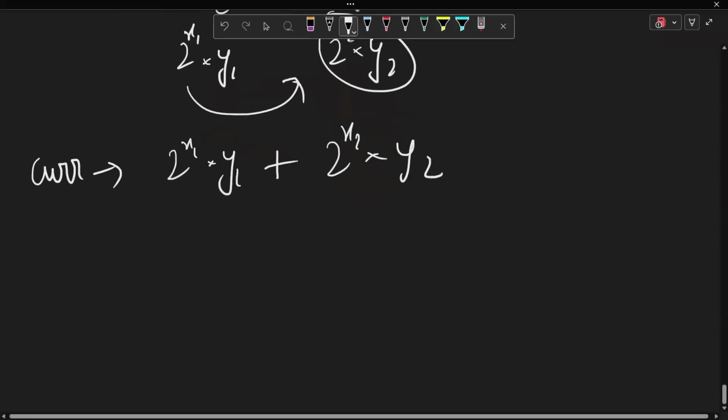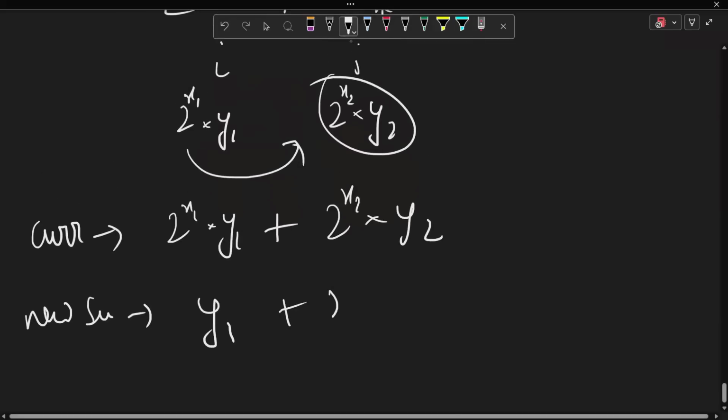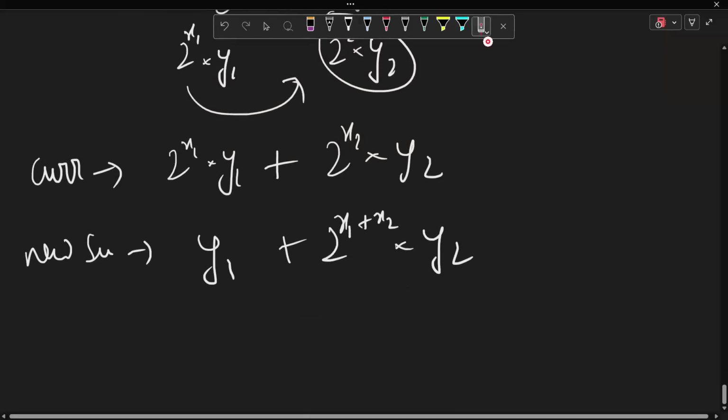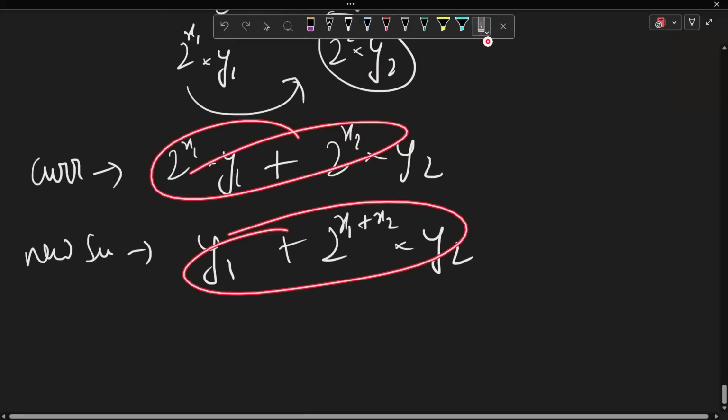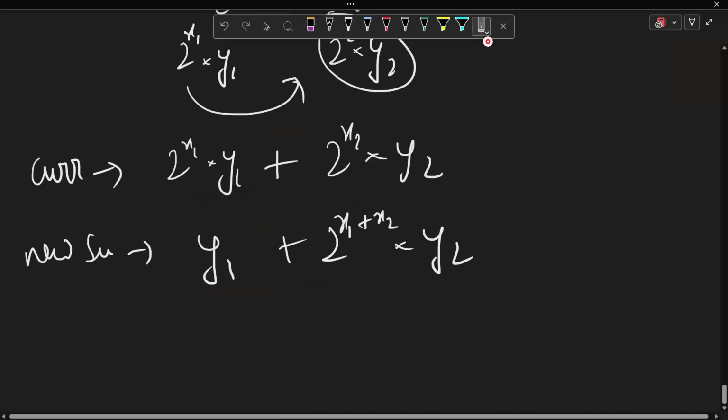If you move it there, my new sum would be y1 remains y1, and these powers are moved, so it becomes 2 to the power x1 plus x2 times y2. Now, which is more? How would you compare that? If you try to compare them, 2 to the power x1 is multiplied with y1 in one case, and 2 to the power x1 is multiplied with the other value in the other case.